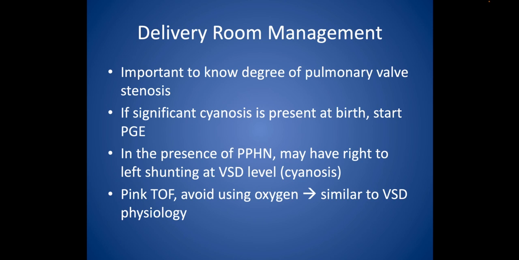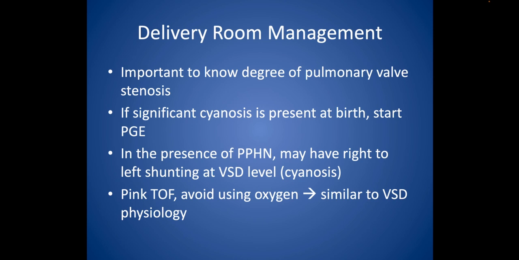And then in the presence of persistent pulmonary hypertension or delayed transition, you may have right to left shunting at that VSD level. So as an early indication of cyanosis, trying to relieve the pulmonary hypertension and understand that physiology is important.